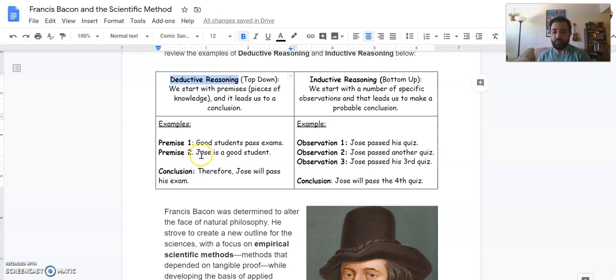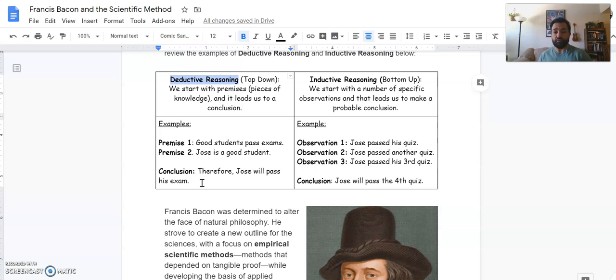Premise two says Jose is a good student. The conclusion, based off these premises, is that therefore Jose will pass his exam. Clearly, even good students have bad days, but this is the way deductive reasoning works. Good students pass exams. Jose is a good student, therefore, Jose will pass his exam.